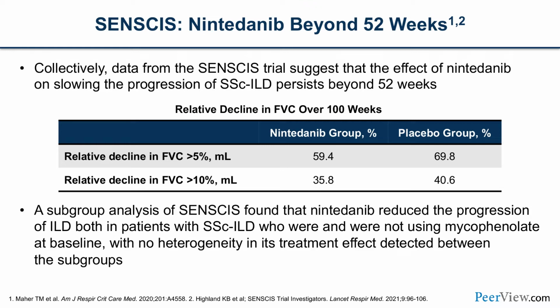So less of a relative decline of forced vital capacity of greater than 5% during that 100 weeks and greater than 10% during that 100 weeks than the placebo group. There was an interesting subgroup analysis that found that Nintedanib reduced the progression of interstitial lung disease in patients with systemic sclerosis who were both using mycophenolate mofetil at baseline and those who were not using mycophenolate mofetil at baseline. So there's no heterogeneity in the treatment effect between these two subgroups on this immune suppression therapy.